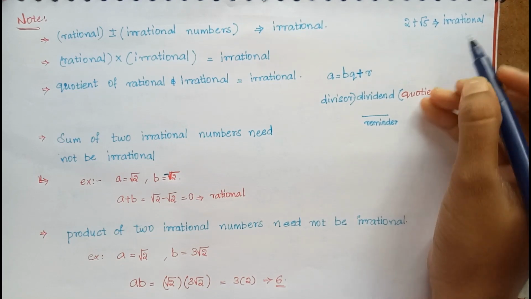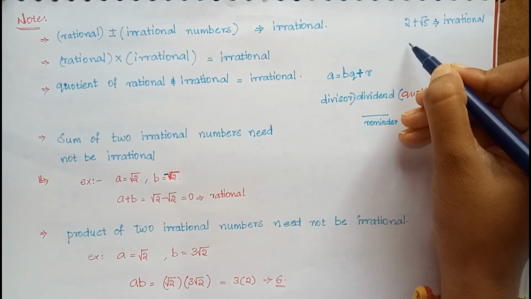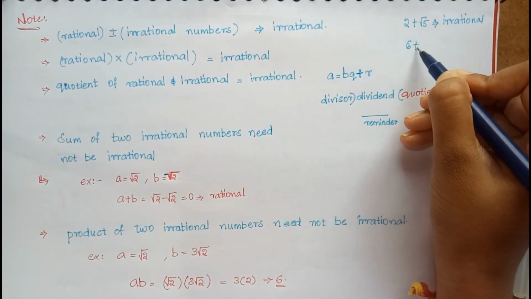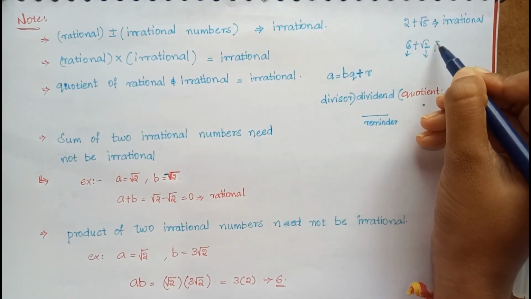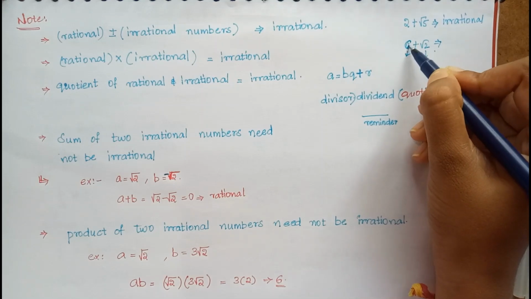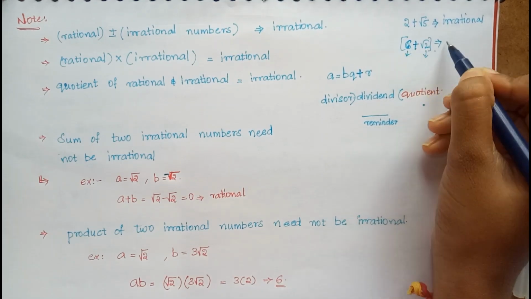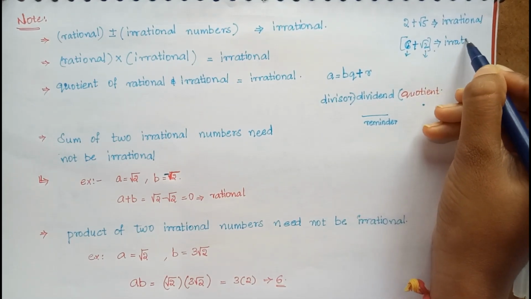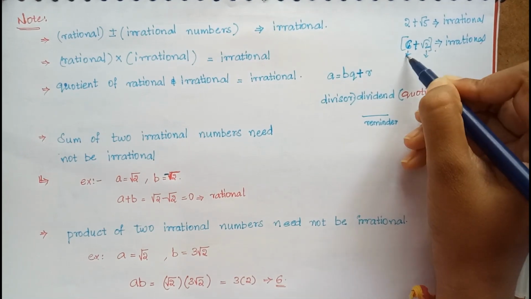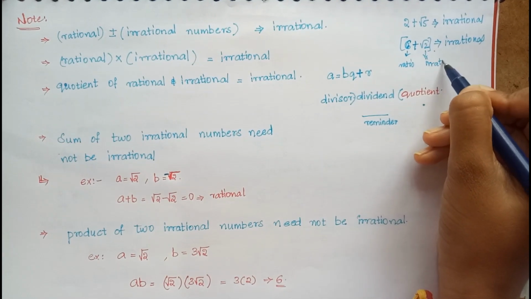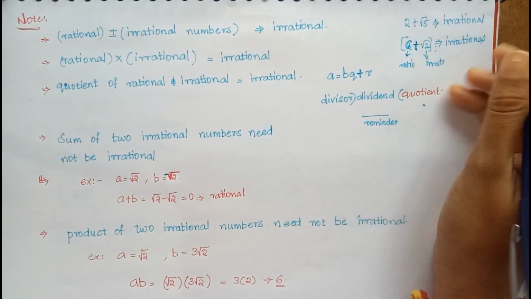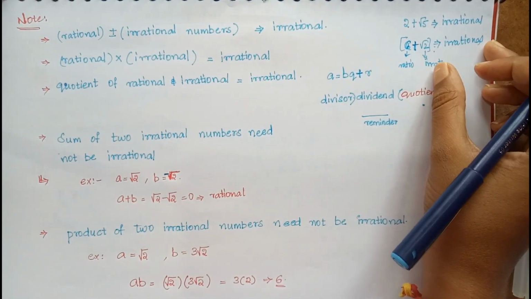We have seen in the first bit the example 6 plus root 2, where 6 is rational and root 2 is irrational, but at the end the whole term 6 plus root 2 is irrational. This is rational, this is irrational. If we add both the terms, we'll get irrational.